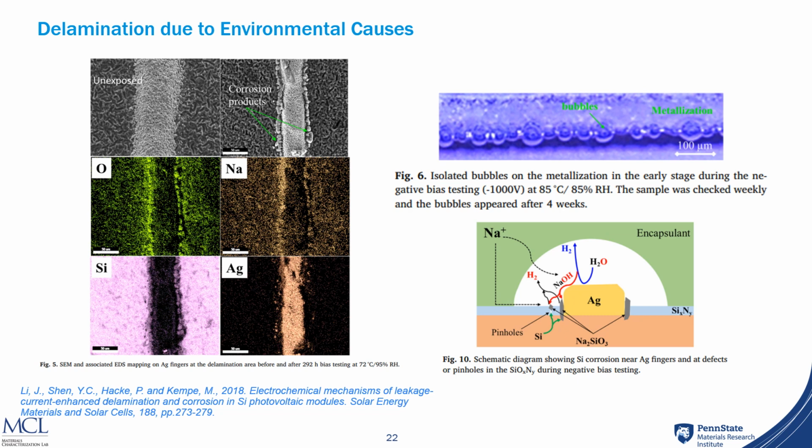In this case, it's a beautiful picture where you can see the isolated bubbles being formed during this reaction. So this is a very nice example of an environmental cause.